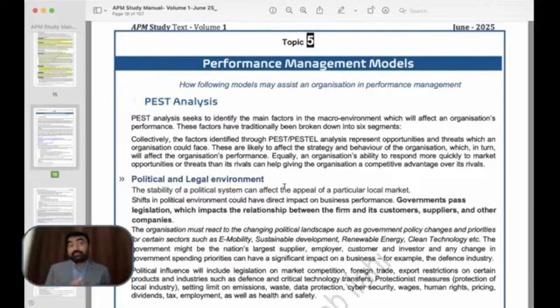At SPL level, we study the PESTEL model to understand the macroeconomic factors or macro environmental factors and how those factors might affect the strategic planning of an organization. So we study the PESTEL model at SPL level to understand how the different factors would affect the strategy of the organization, would affect the positioning of the organization.